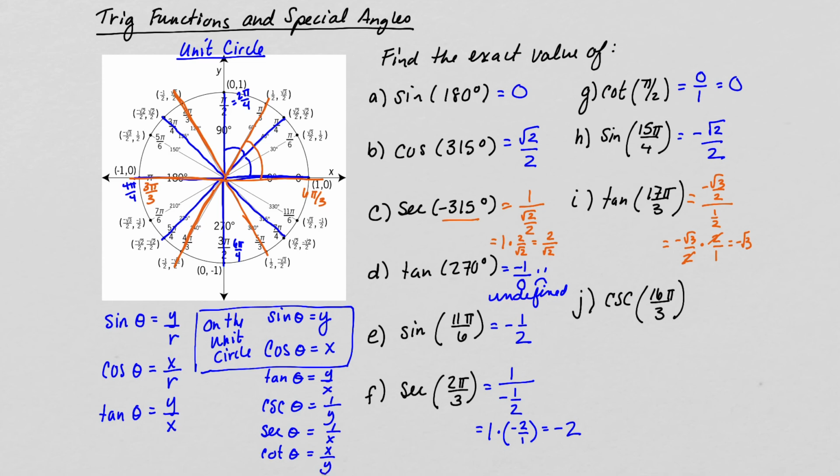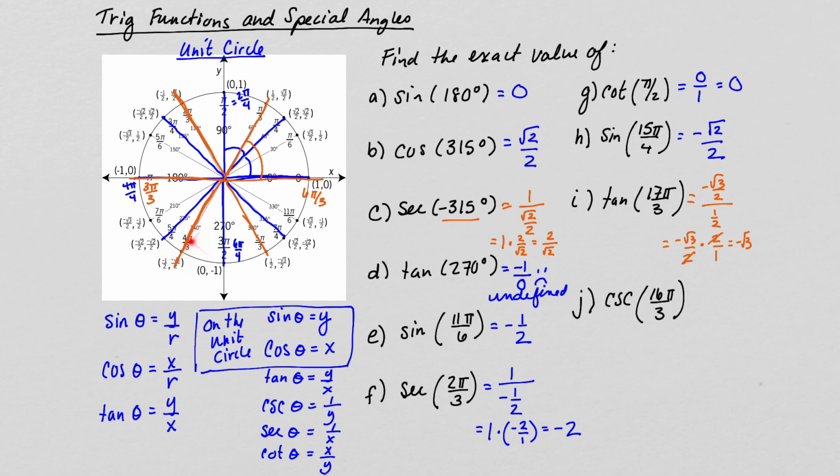And then my last one. If I'm looking for 16 pi over 3's, they happen to be the same as the orange ones. So again, 0, 1, 2, 3, 4, 5, 6, 7, 8, 9, 10, 11, 12, 13, 14, 15, 16. So 16 pi over 3's is here.